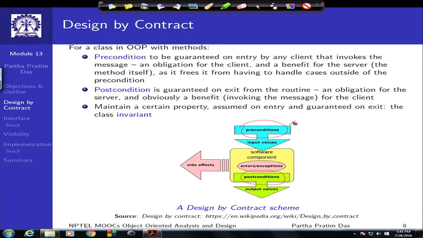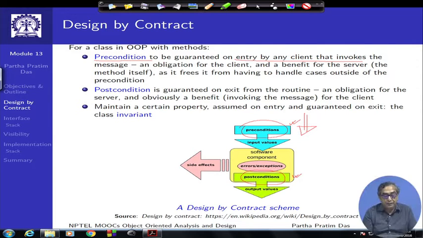Now, if these two are guaranteed, then certainly the client and the server can work in a lot more safe and segregable manner. So, precondition is to be guaranteed at the entry, and the client must do that, because this is where the message is coming from. So, it is coming from the client. So, it is the obligation of the client to make sure that the precondition is satisfied.